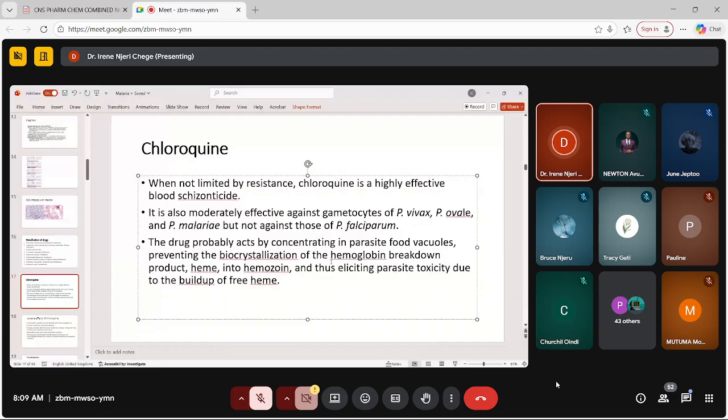Now, amodiaquine. So notice I don't have any structures. You go and draw your own structures and look for them. If you can't, please tell me and then I will cover the structures with you. So amodiaquine. It is also a 4-aminoquinoline.